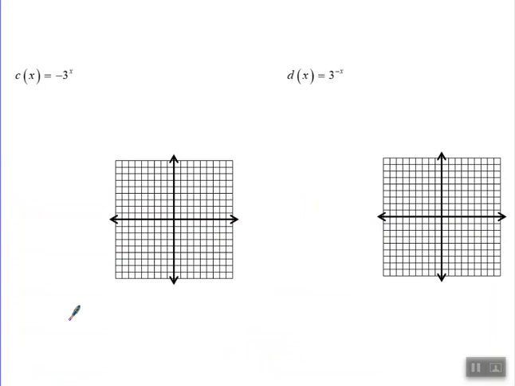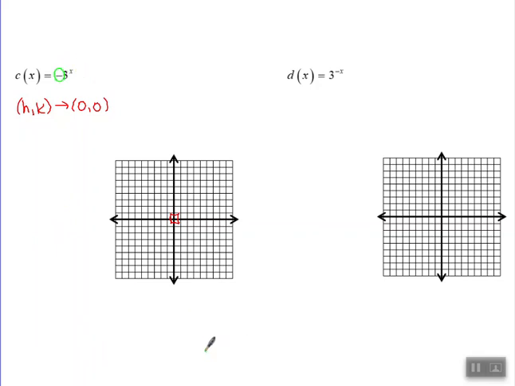For our next example, we have c of x equals -3 to the x. h, k is 0, 0. The important thing on this function is to note that we have a negative out front.